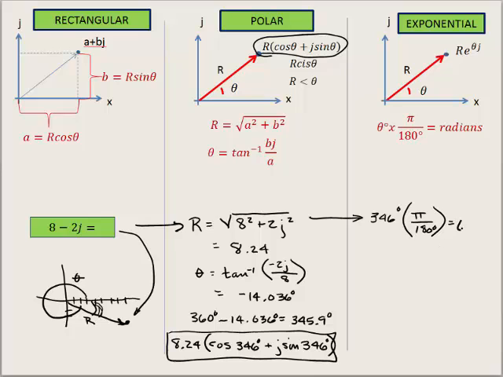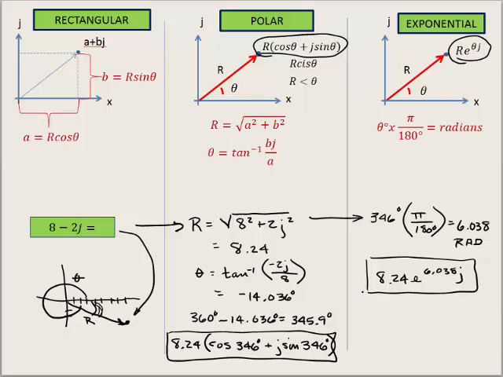And we're going to find that that's 6.038 radians. So we need to write it in the exponential format. R was 8.24, e to the 6.038j radians. And that is our exponential format.